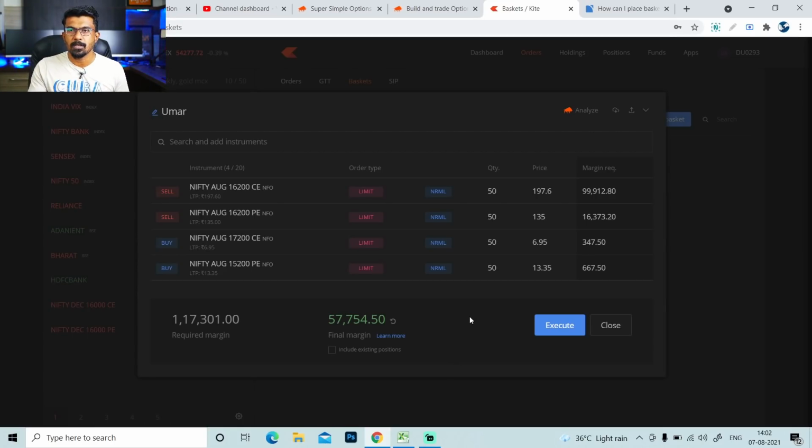You have almost reduced your margin to around 45,000, so you can buy extra lots. So that 17 rupees hedge, which is the 17,200 call or 15,200 put, is not a matter. Spending 17 rupees is not a matter. So you can buy extra lots, right? That is the objective here.